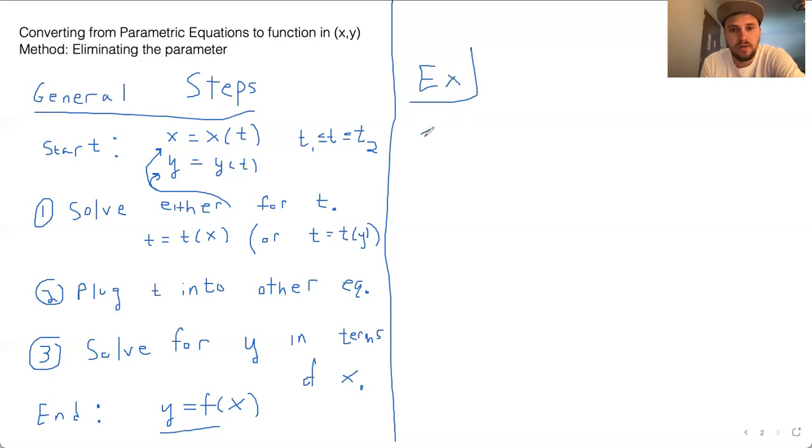So where are we starting? We're starting with some parametric equations. And for this example, let's look at, say, x equals the square root of 2t plus 4 and y equals 2t plus 1.